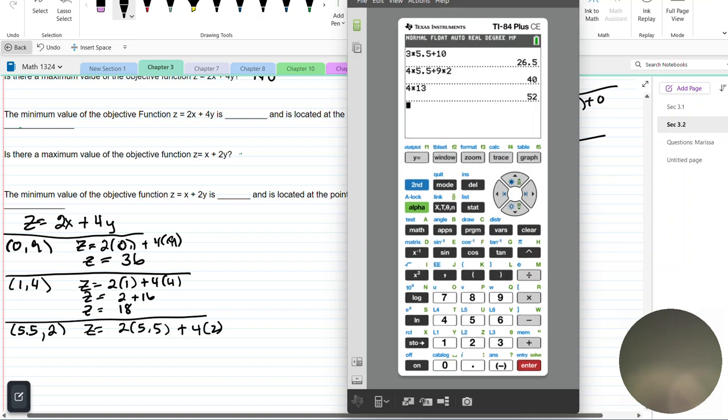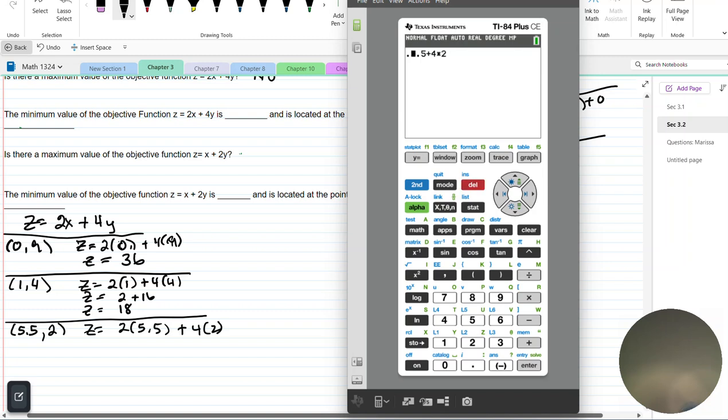Right, and I'm going to say 2 times 5.5 plus 4 times 2. Oh, silly me.